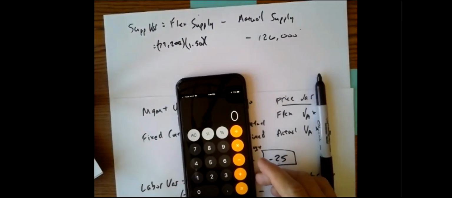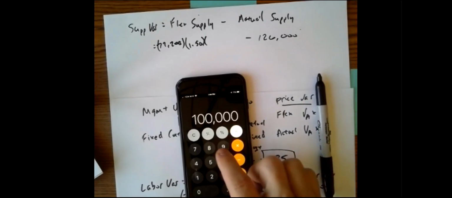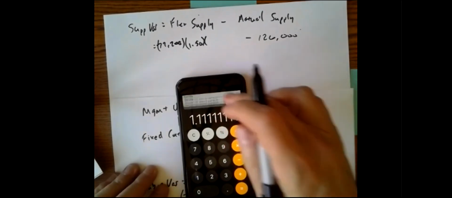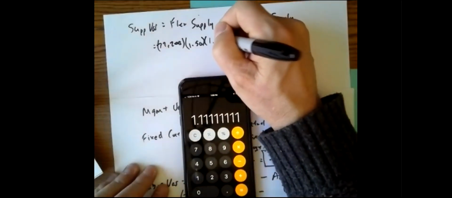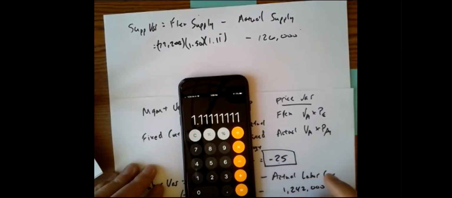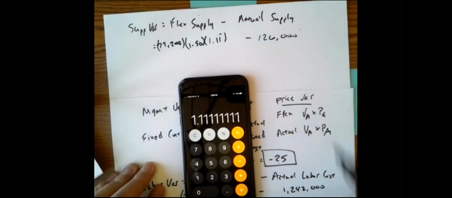Going back to page 266, you can see the original projection was that they would use 100,000 units for 90,000 visits. So the units per visit was 1.11, repeating, right? So we thought we'd use $1.50 times 1.11 units.